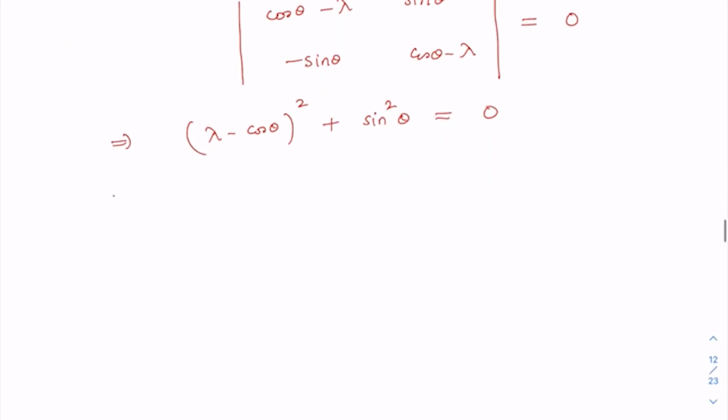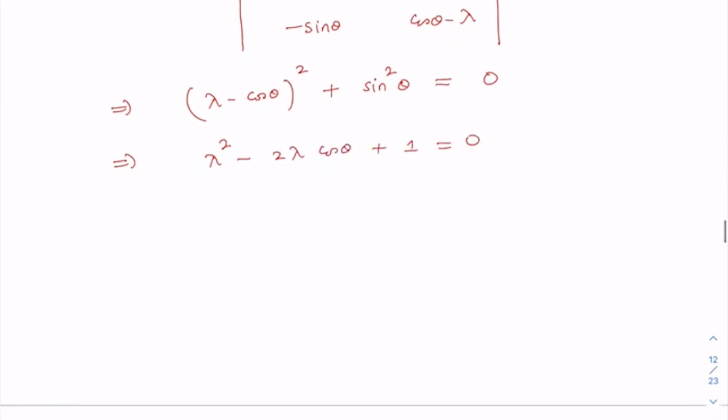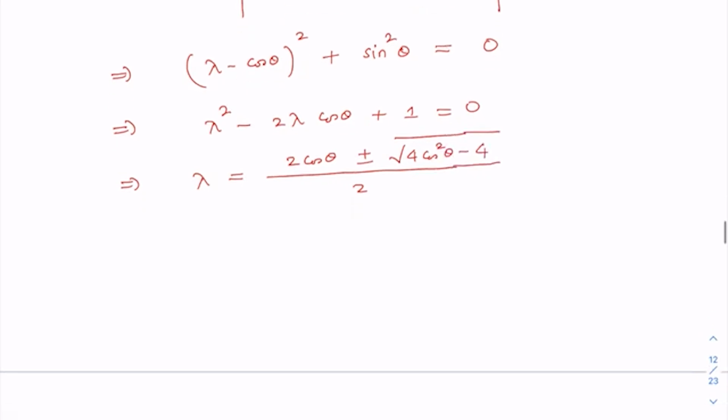So this is going to give us the quadratic equation lambda square minus twice lambda cos theta plus 1 is equal to 0. So lambda is equal to 2 cos theta plus minus the square root of 4 cos square theta minus 4, over 2, which means cos theta plus minus i sine theta.